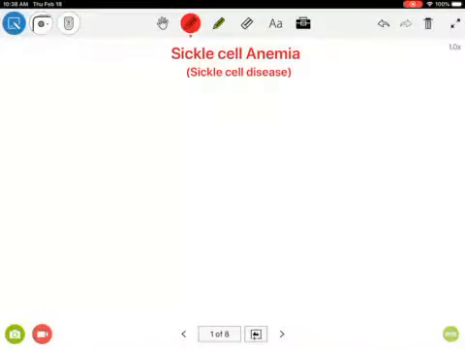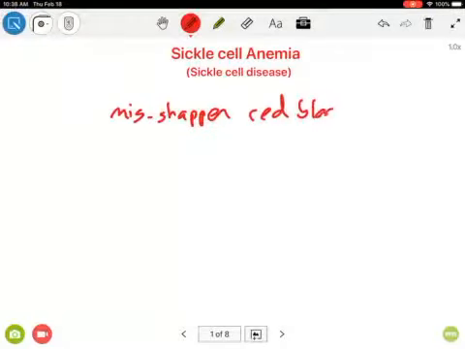So what is this? Sickle cell anemia is simply a misshapen red blood cell. And why is it so dangerous?